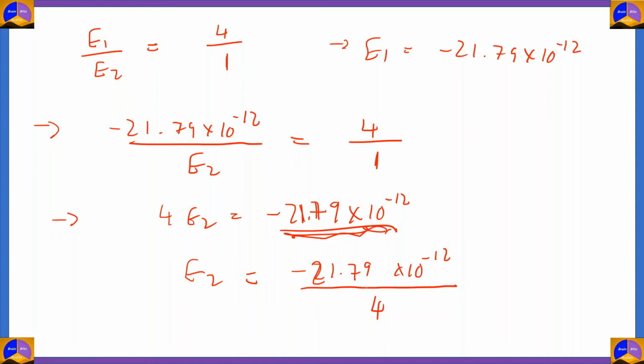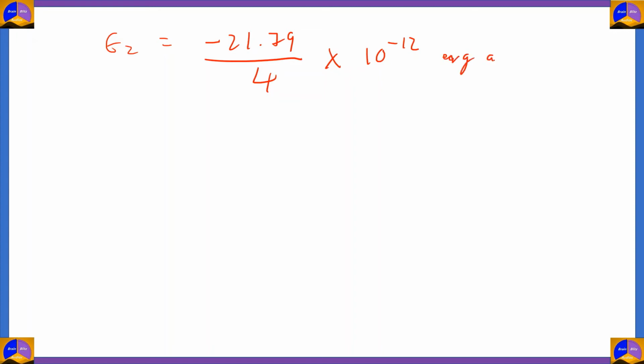So now basically, we have to do the division of minus 21.79 by 4. So E2 is basically minus 21.79 divided by 4 into 10 raised to minus 12 erg per atom. That is the unit.